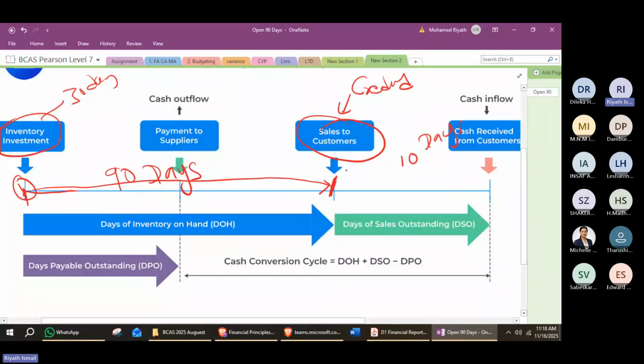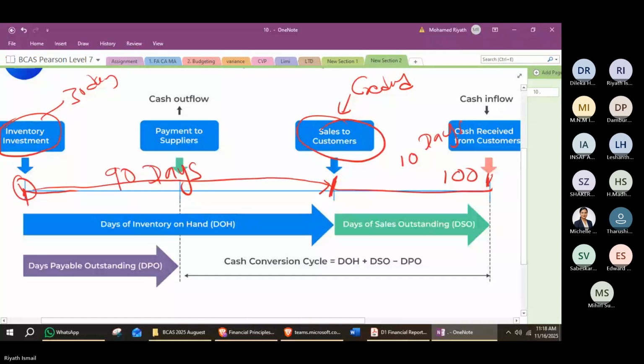After the 90th day, you sell the product and receive the money from the customer. So it is almost 100 days. You have to wait 100 days to convert your money into sales. Here money goes out, here money comes in. So it takes 100 days.